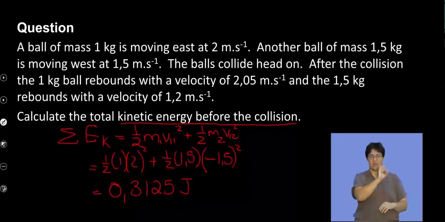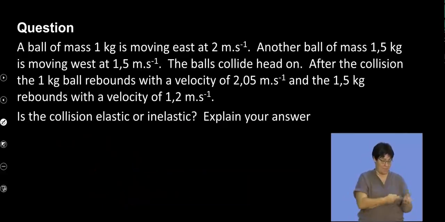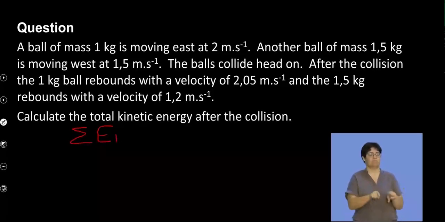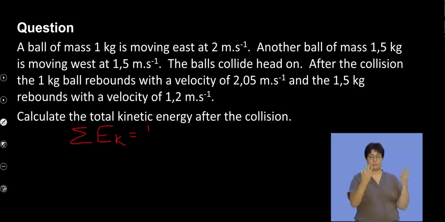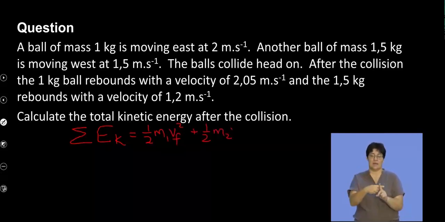Now, that's the first one. So that's the kinetic energy before the collision. Now they say, oops, I skipped this page, the kinetic energy after the collision. So I'm going to do exactly the same thing. I'm going to calculate, but now I'm looking at final velocity squared.